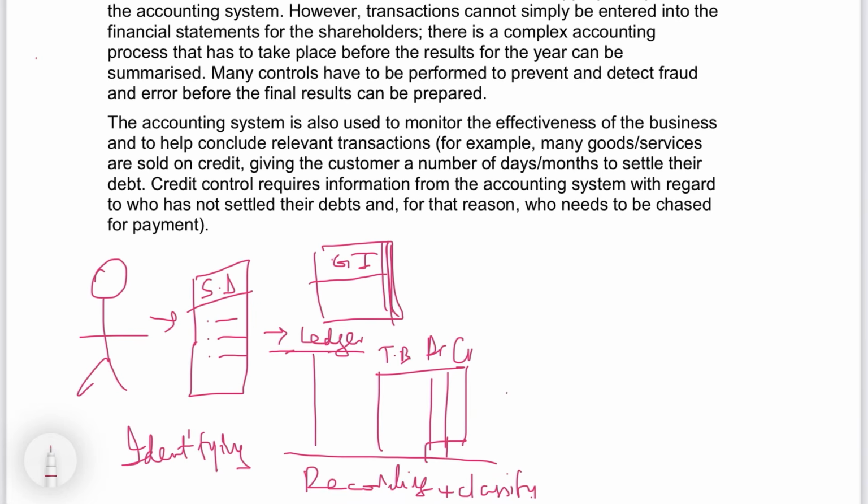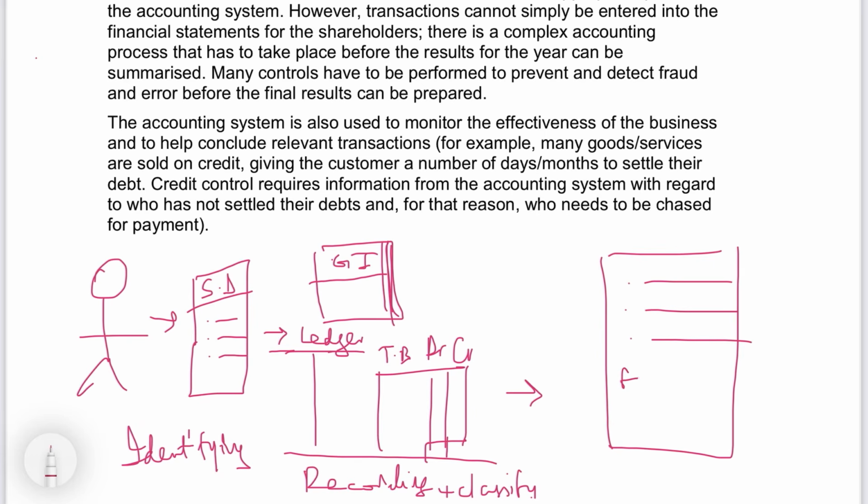The next step he will take is to record that transaction into the financial statement for the shareholders. And who are the shareholders? The lenders, the owners. The lenders are the persons who lend money to us as a loan, right? And they will check if the position of that business is good, then they will give us a loan.